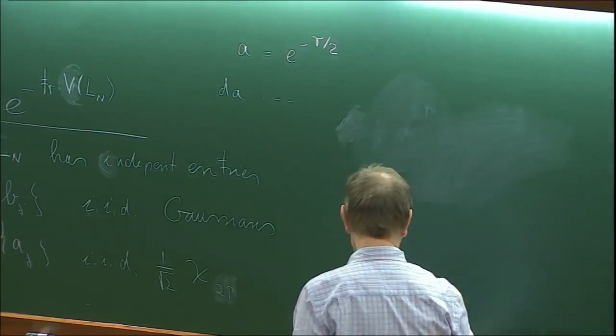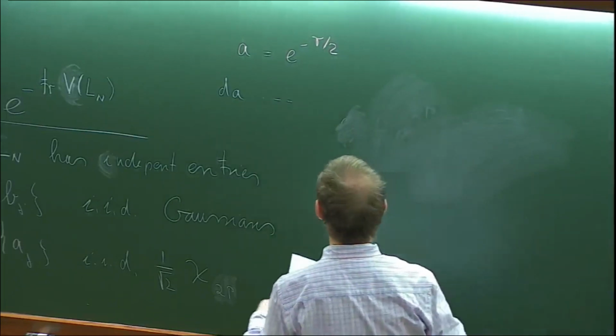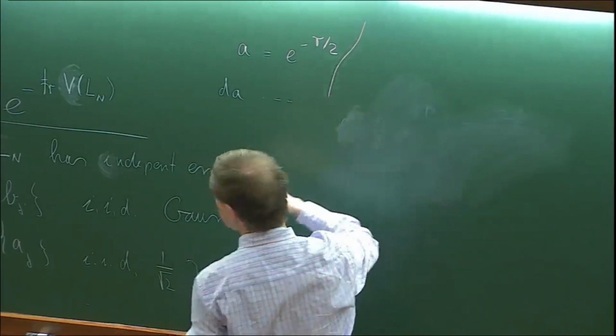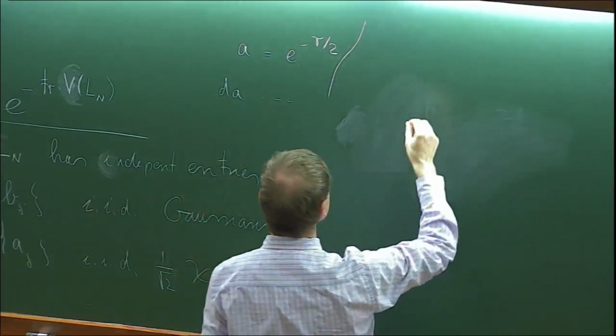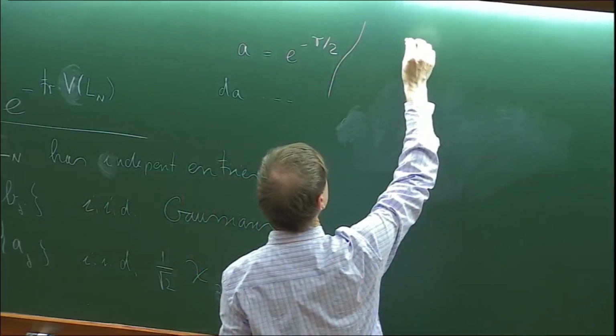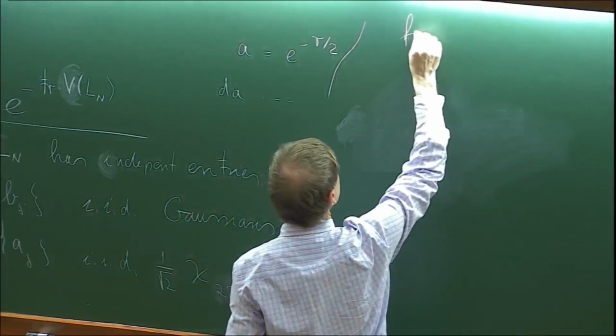Okay. So now what do we want to compute? Well, we want to compute the density of states, but let's do it step by step. What we would like to compute is the free energy.